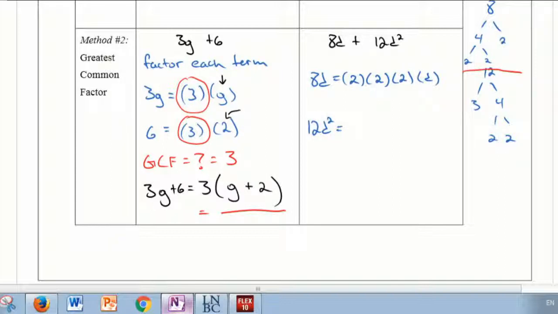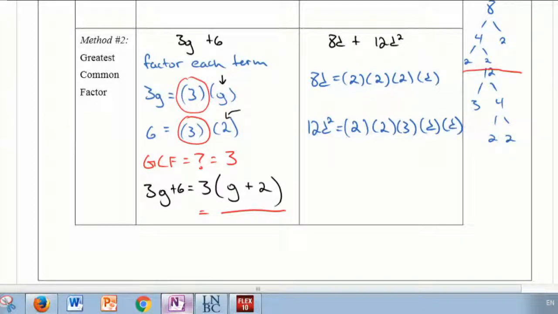That's better. It's the prime factorization of that. To get 12, I'm going to multiply 2 times 2 times 3. And then to get d squared, I would multiply d by d. So those are my prime factorizations of those two things.